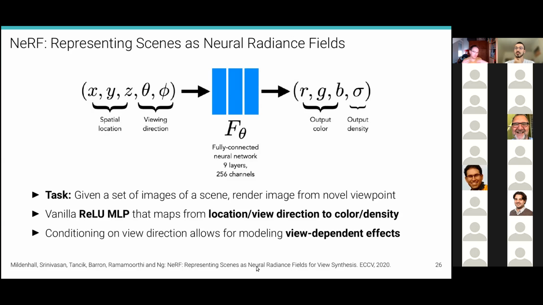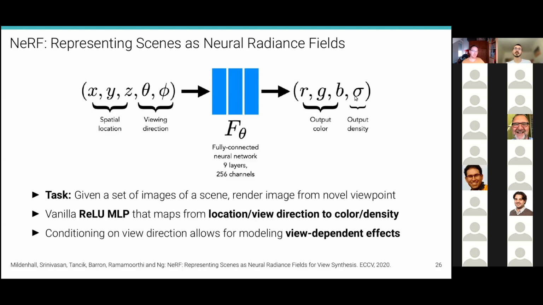However, of course, in order to get good novel view synthesis, you also need to estimate the underlying geometry. So what they do is they basically also use a ReLU MLP that maps the 3D location and the view direction, like in our light field model, but in this case to RGB and the density.